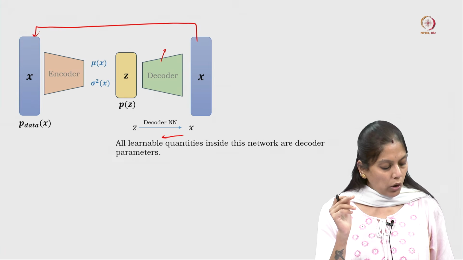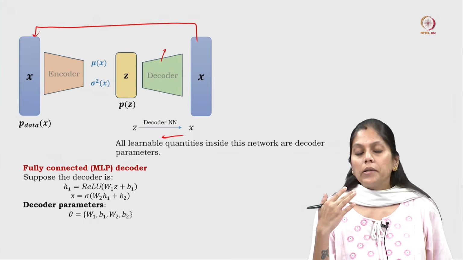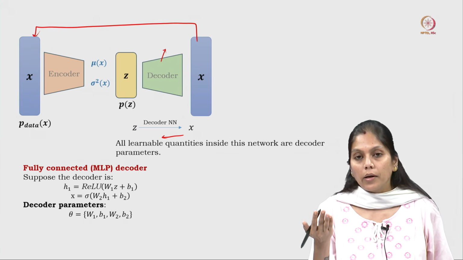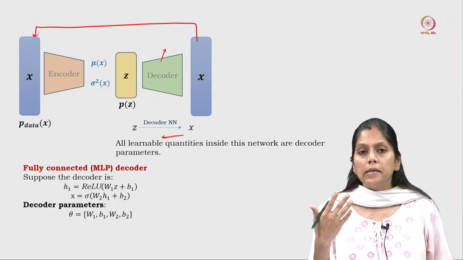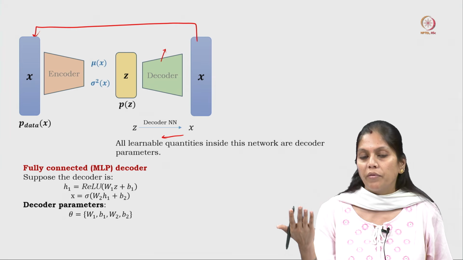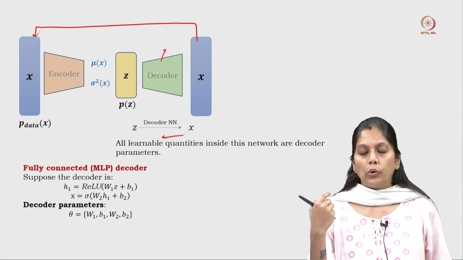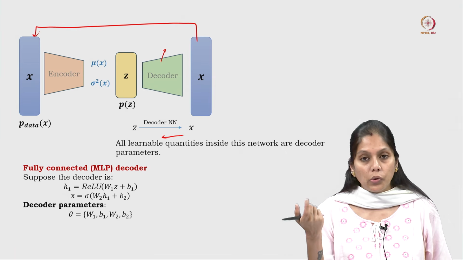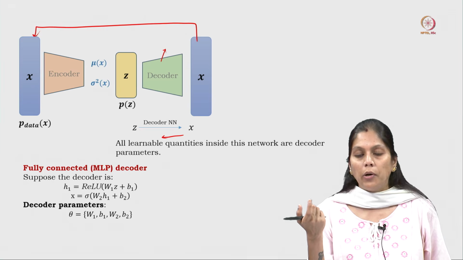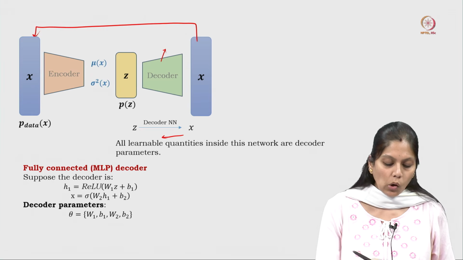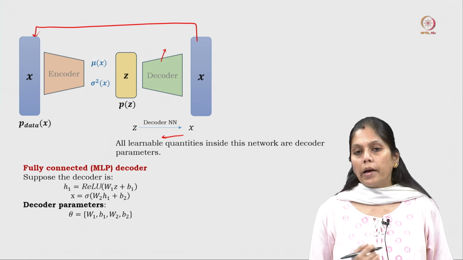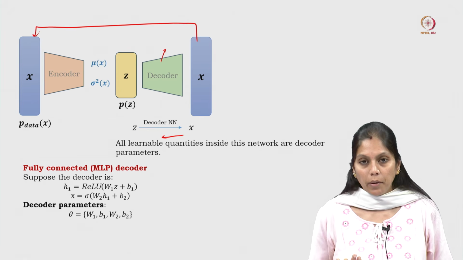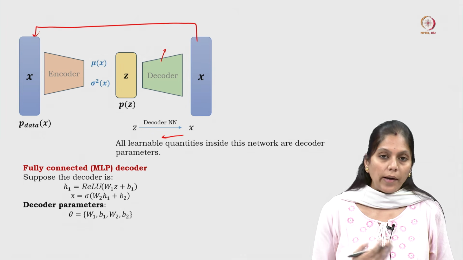The decoder parameters are, if X is simple CSV data and your aim is to construct that tabulated data, then the decoder is a simple fully connected neural network. In a fully connected neural network, what are the learnable parameters? Is it not the weights and the bias?